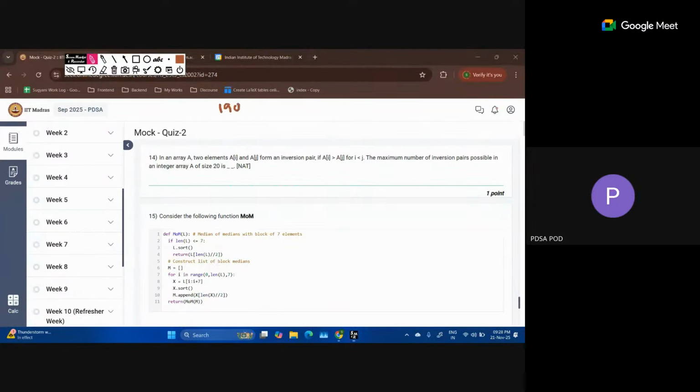Now tell why. The formula is n into n minus 1 by 2. How did you get this formula? Ma'am, sir told us this. And ma'am, if the array is sorted in descending order, then this will be the answer.